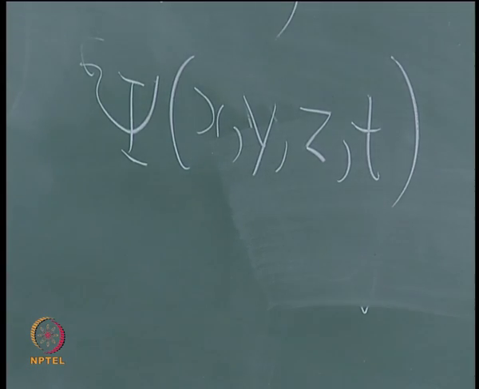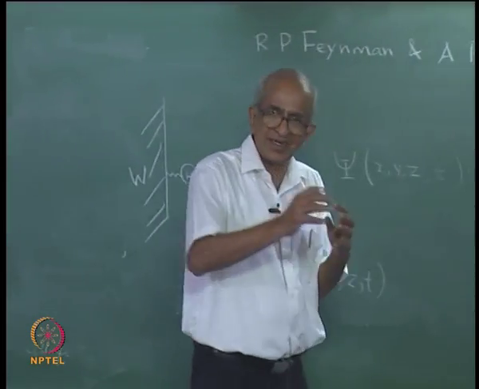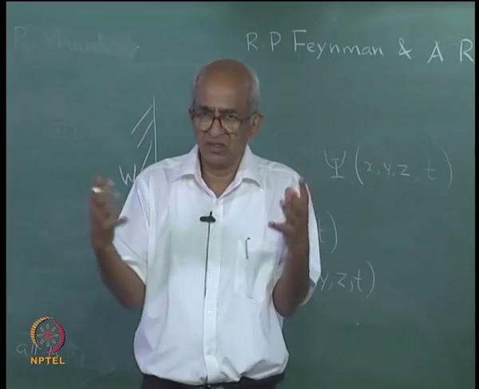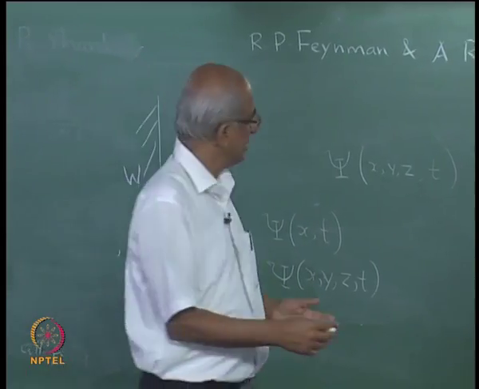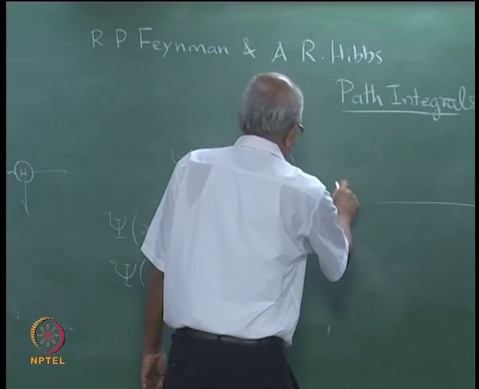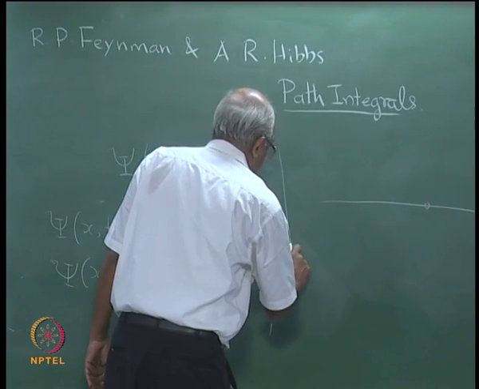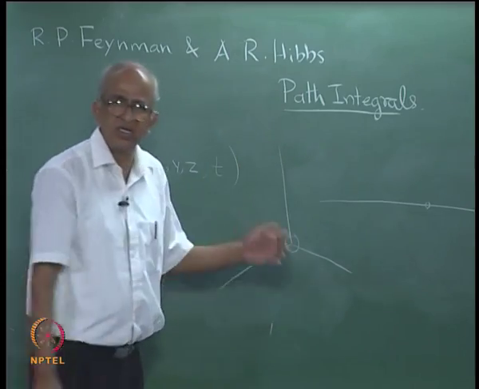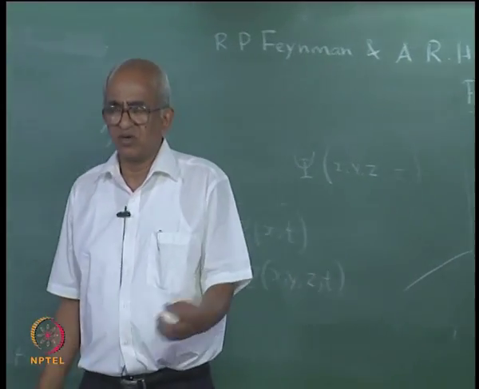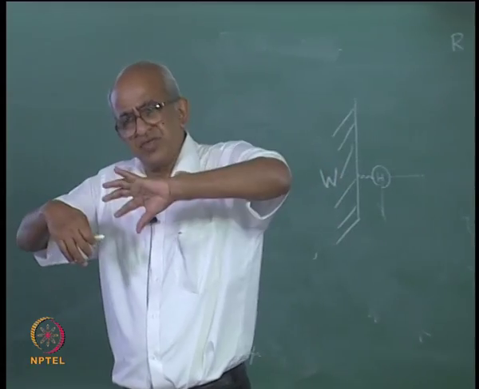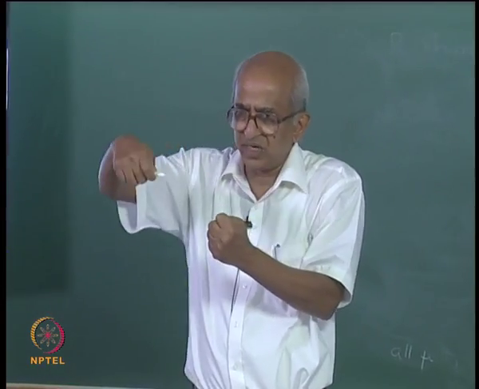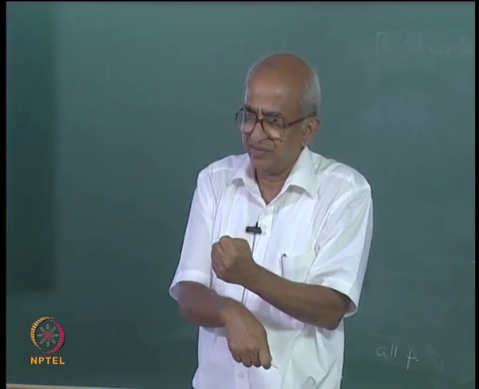On the other hand, suppose I am worried about the internal structure, how the electrons are moving around the nucleus, right. I can be interested in that. Then I will think of a coordinate system like this x, y, z, and I will say okay, my nucleus is at the origin, because I am not interested in the motion of this whole thing, I am interested in the motion of the 2 electrons with respect to the nucleus.